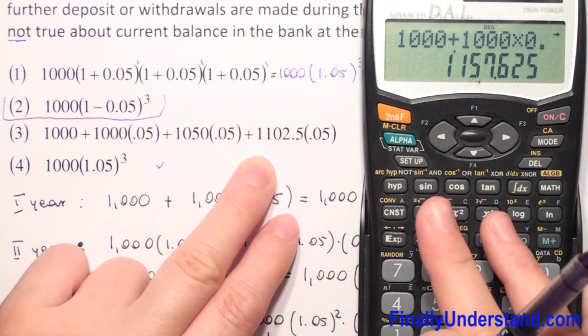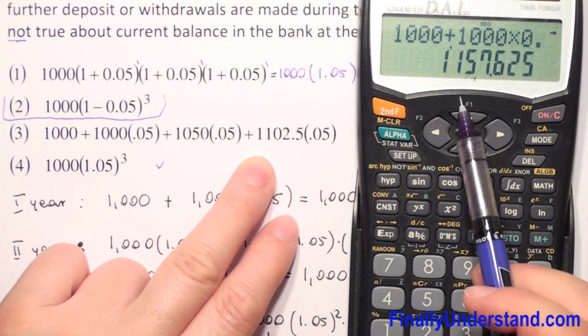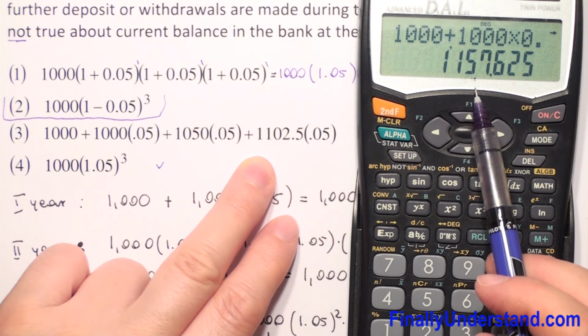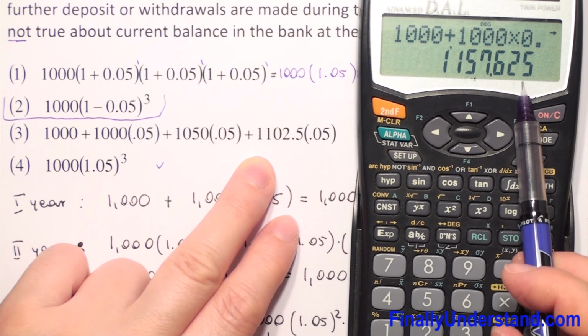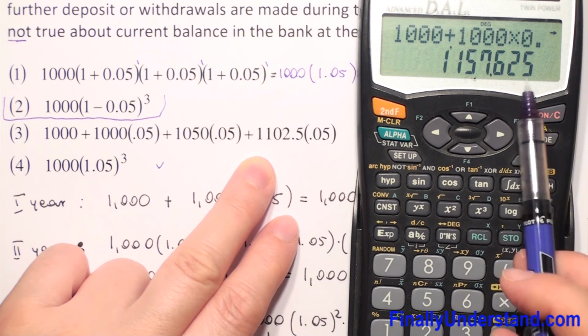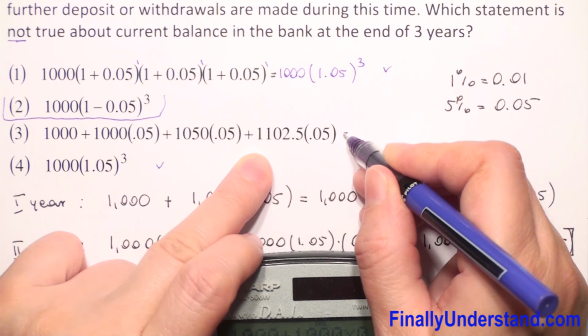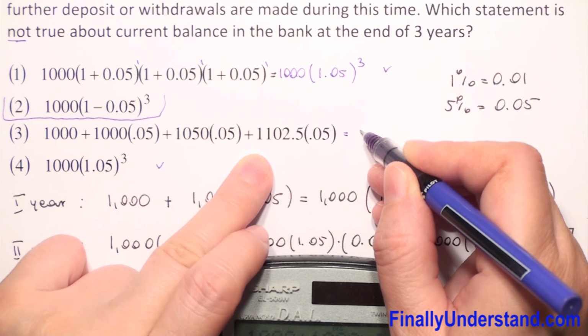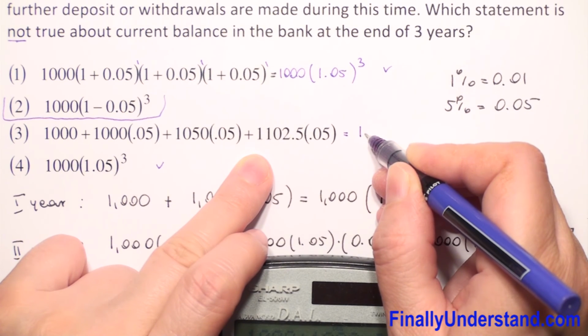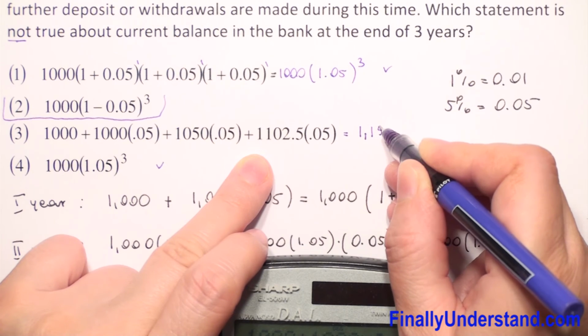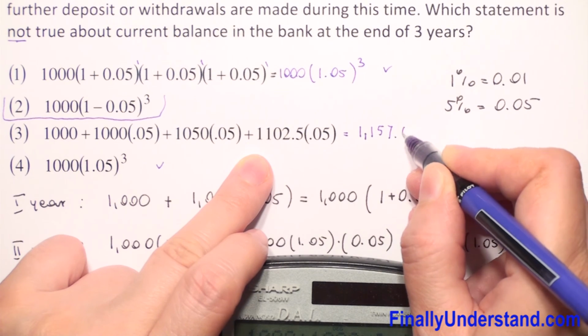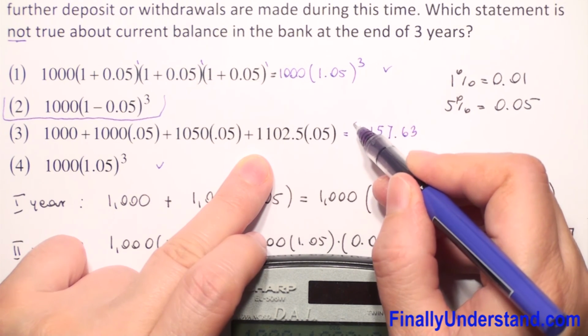This is equal to 1,157, and to the hundredths it will be 63. So this is equal to 1,157.63 dollars.